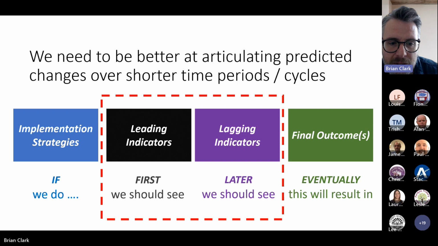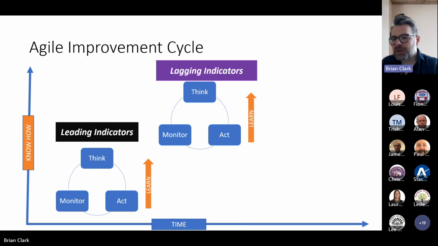So if you have a look at this, instead of seeing it as happening per cycle, the leading and lagging indicators happen after alternative cycles, because our improvement work is cyclical in nature: a short period of work, you do some work, we do the learning, then we move on to the next phase.